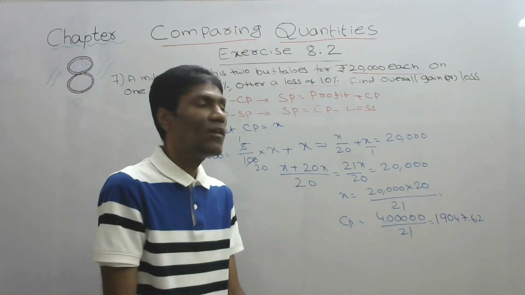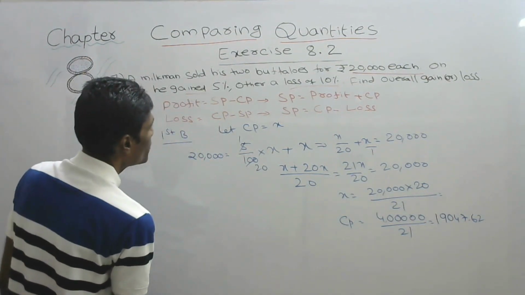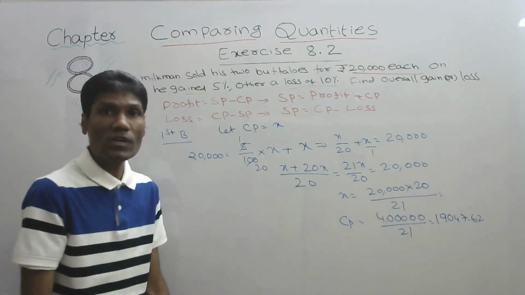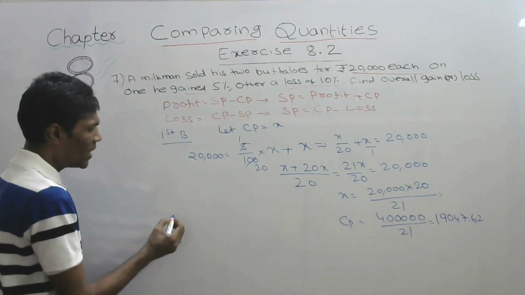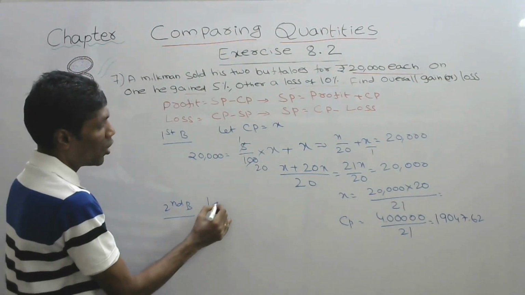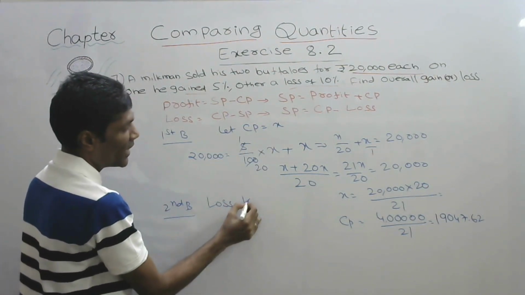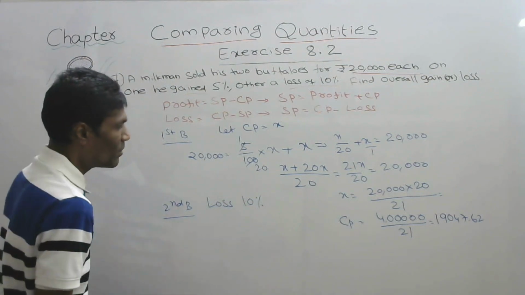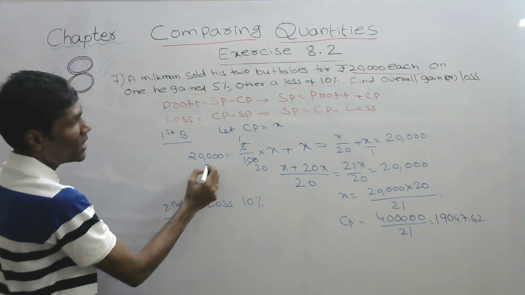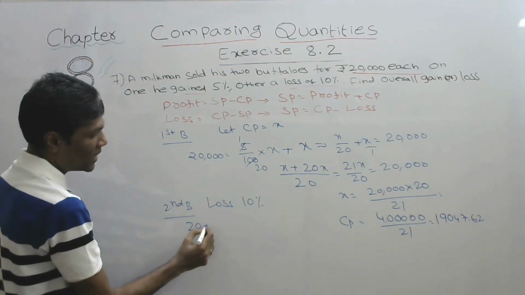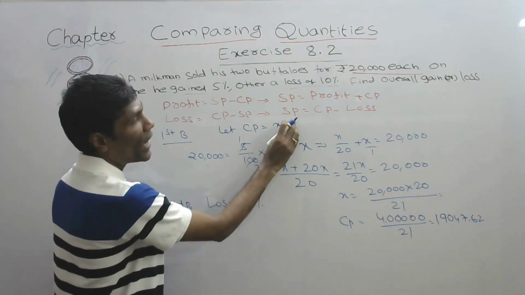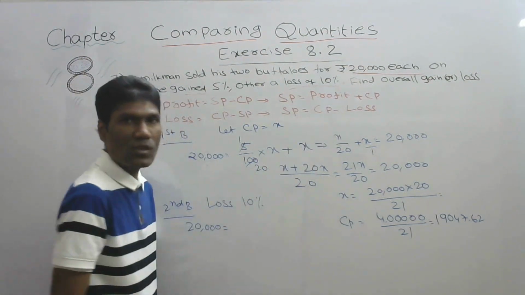In the same way, we will calculate the cost price of second buffalo based on this loss of 10%. Let us do second buffalo. Here he says loss of 10%. The same method. See, the selling price will be same. 20,000 equal to SP equal to CP minus loss.